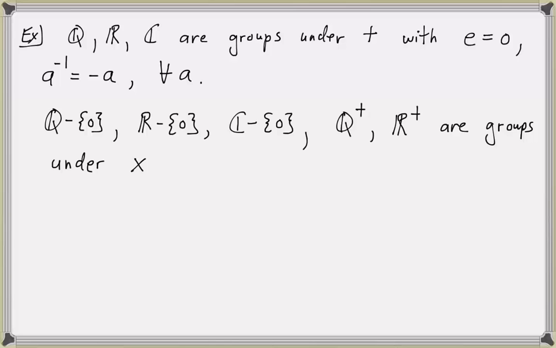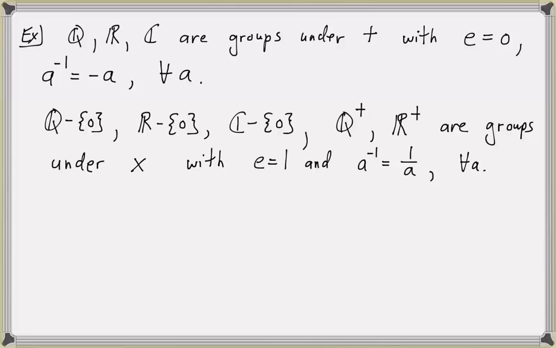So these are all groups under multiplication with multiplicative identity equal to 1, and for any element a, the inverse of a is 1 over a. Since we're excluding the number 0 from these sets, we can define the multiplicative inverse as 1 over a.